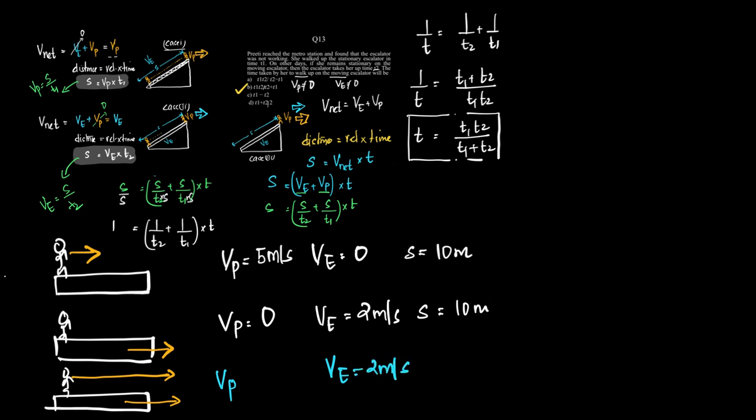which definitely means that the velocity of any person standing still, I repeat, the velocity of any person standing still on the escalator would be 2 meter per second.